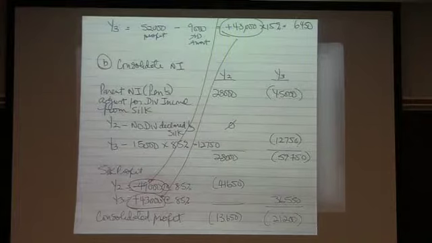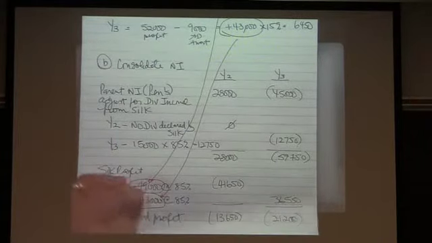Okay? Now, number 3 says, calculate the consolidated retained earnings at December 31st, year 3.